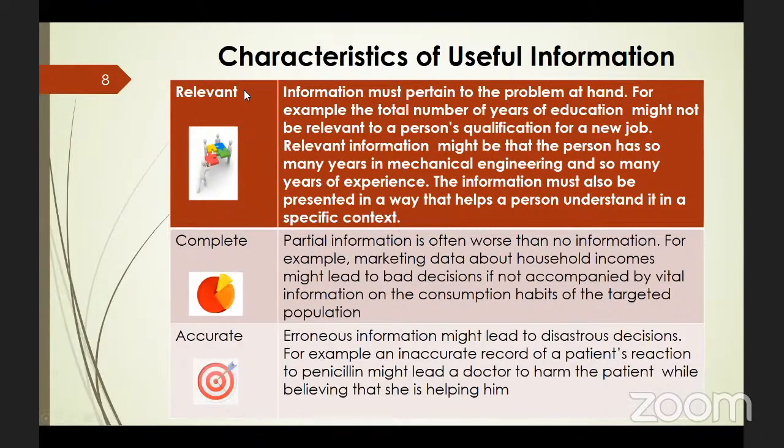So why would information be relevant? Usually a decision maker only wants information that's important to their decision, in a way that they can understand. If possible, we want it to be complete.